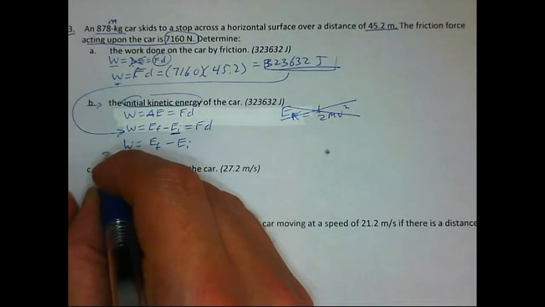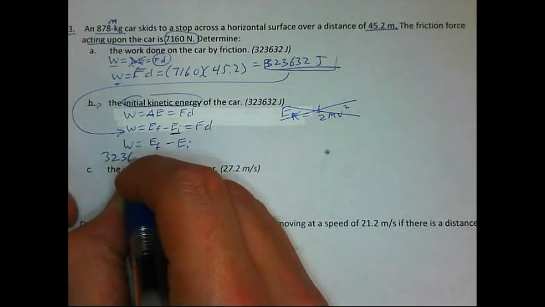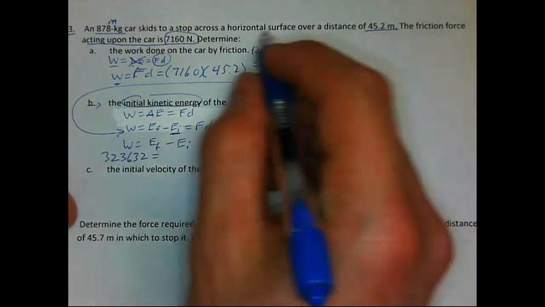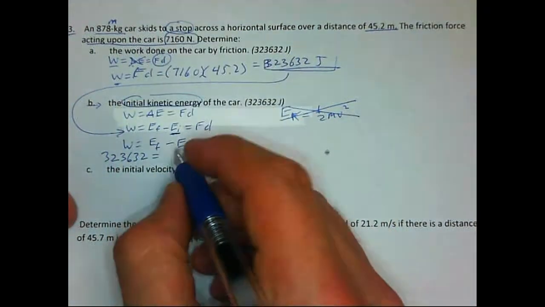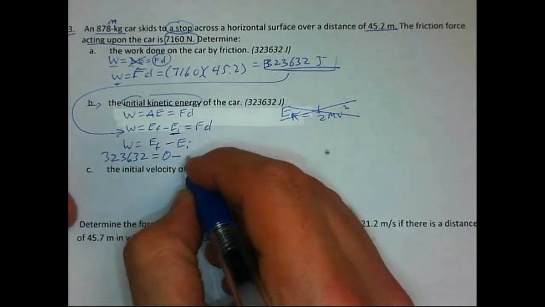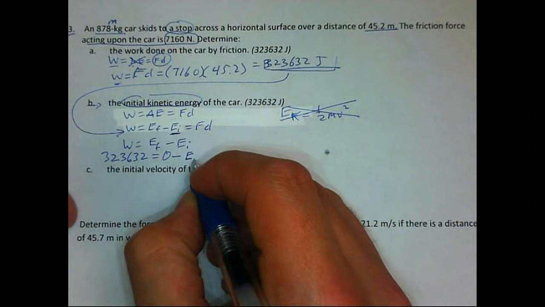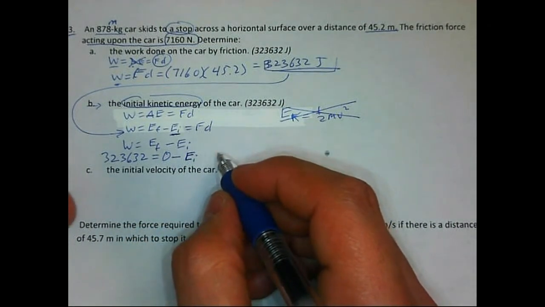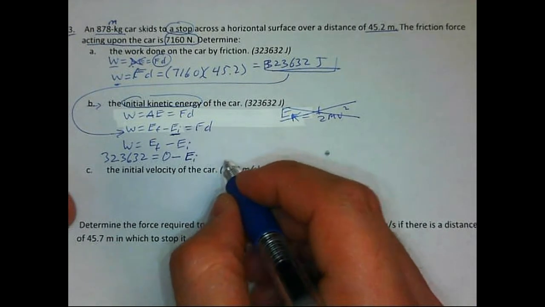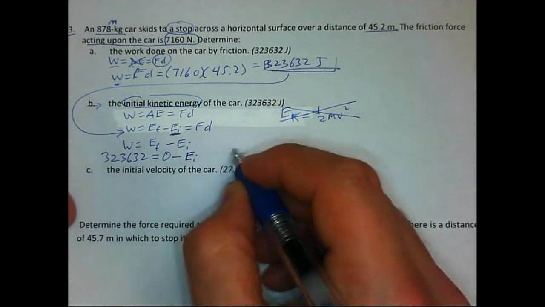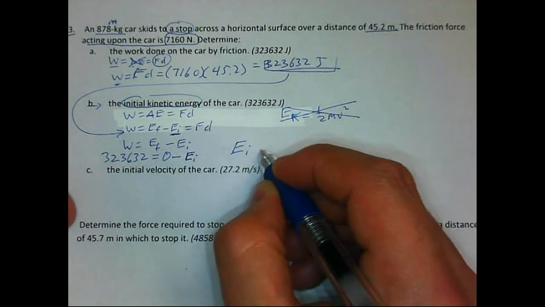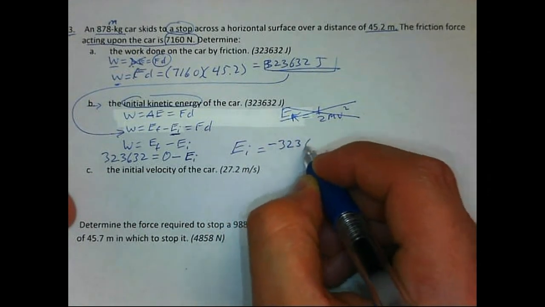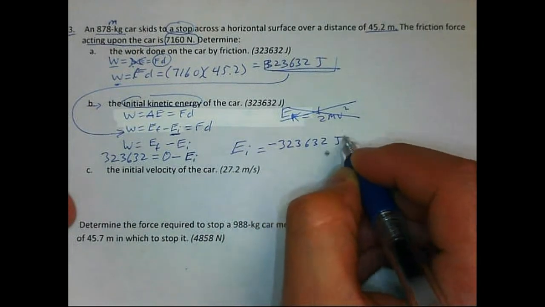So here we go. 323632 is the work. The final energy, we're coming to a stop, skids to a stop, so the final energy will be 0 minus E sub I. That's what we're solving for. We don't even need to know the speed. We know the kinetic energy. We will solve for E sub I, and you should get negative 323632 joules.